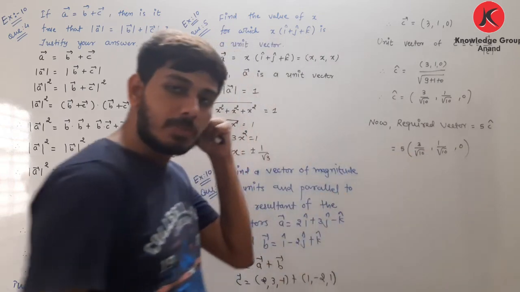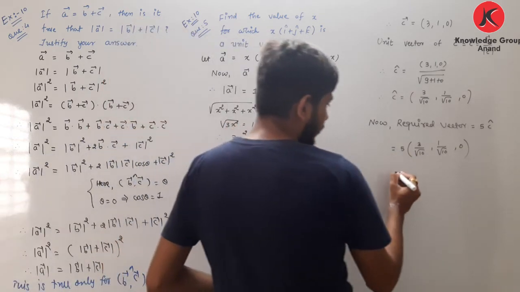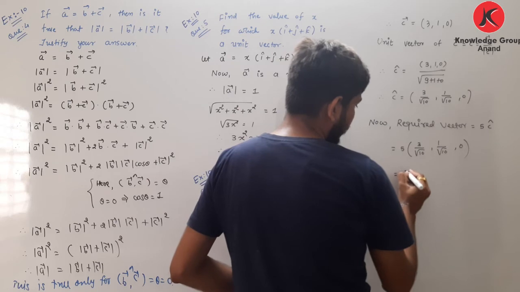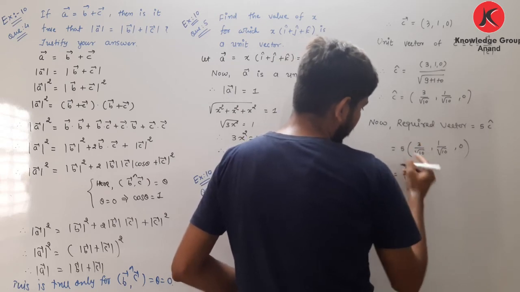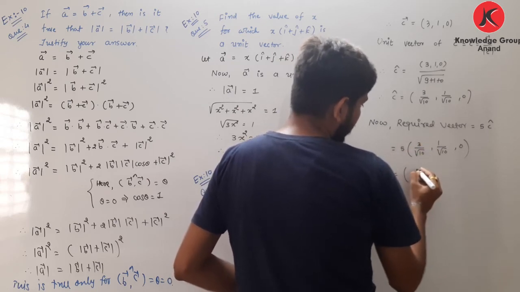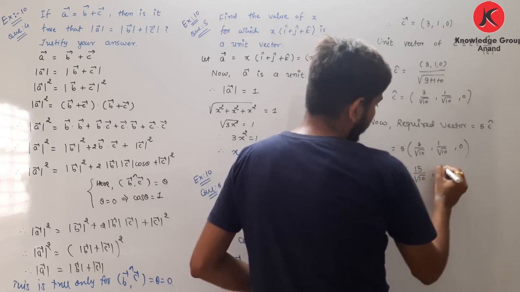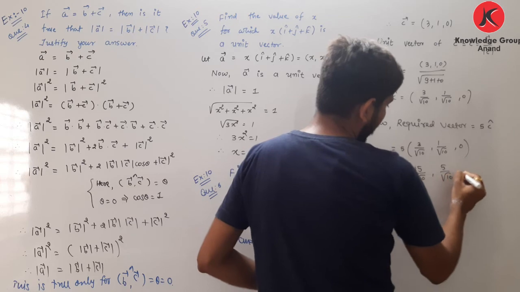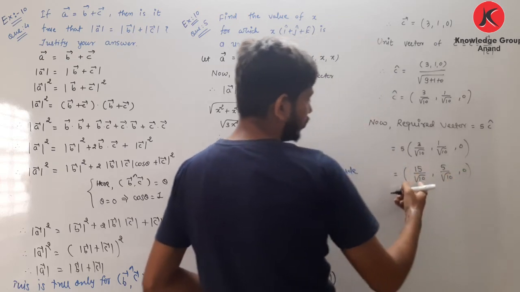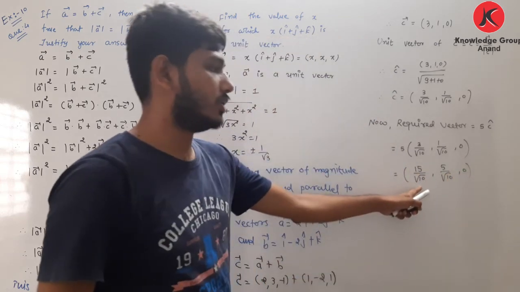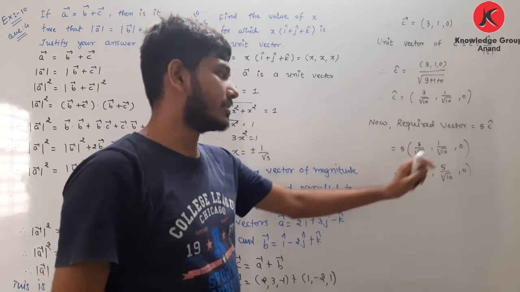If we want to simplify this, 5 multiplied also: 5 threes are 15 divided by root 10, 5 by root 10 and 0. If we want to remove this, 5 is root 5 into root 2, then we will get it cancelled out.